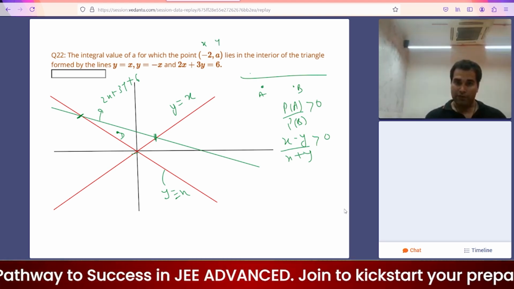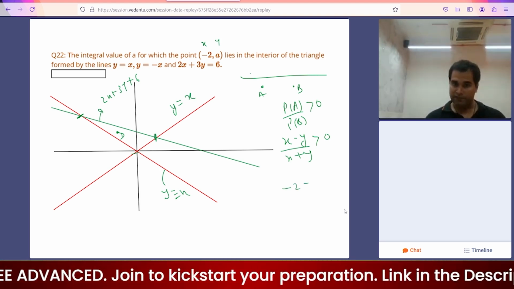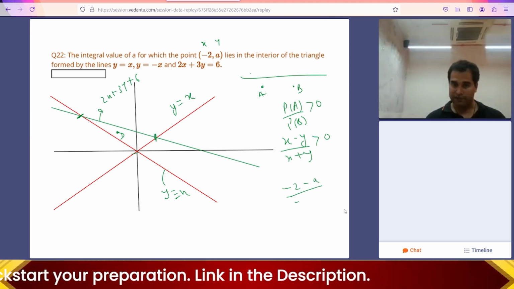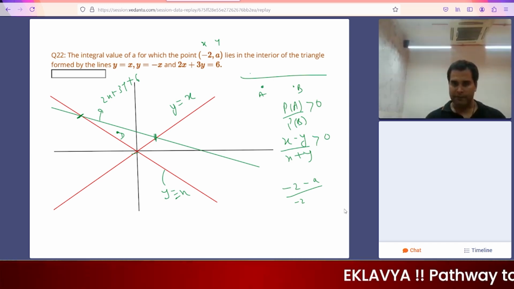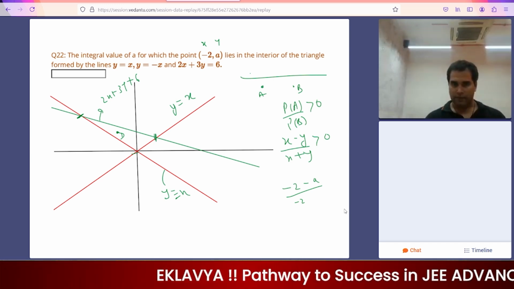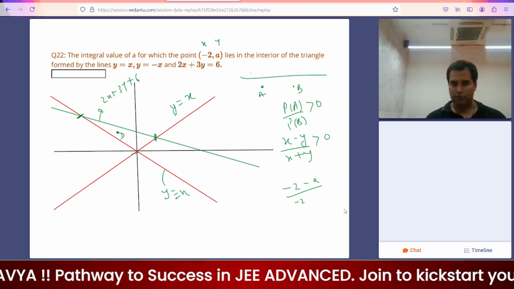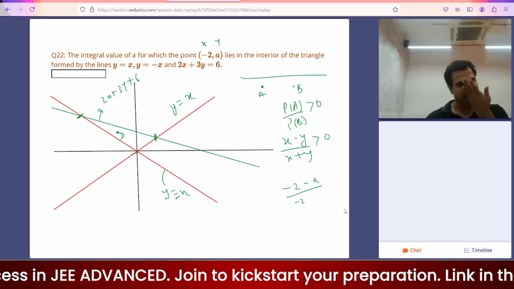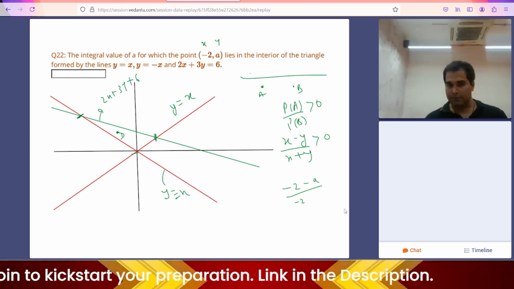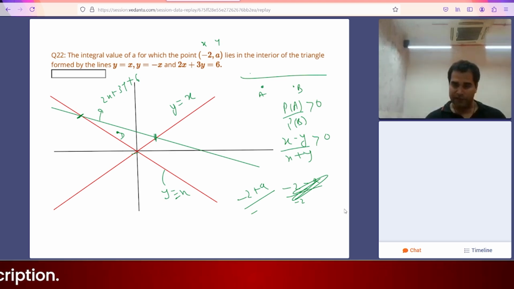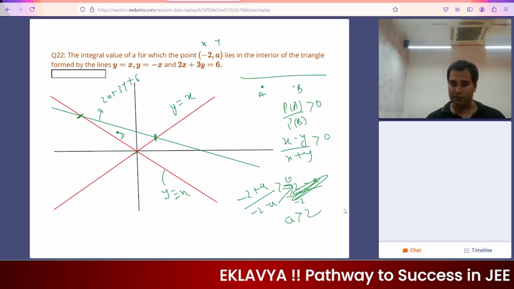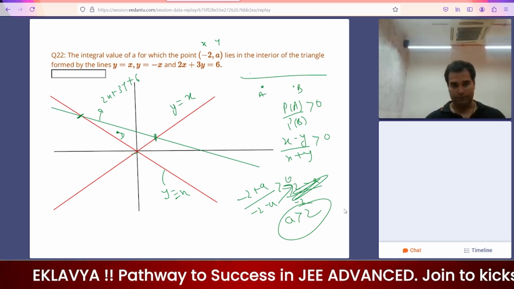Here x is minus 2 and y is a, which can be written as minus 2 plus a upon minus 2 minus a greater than 0, so a is greater than 2.